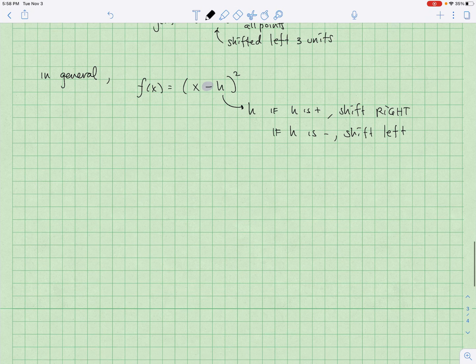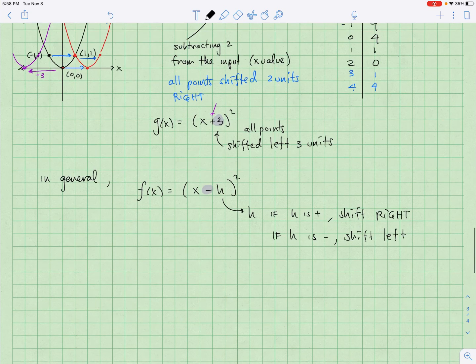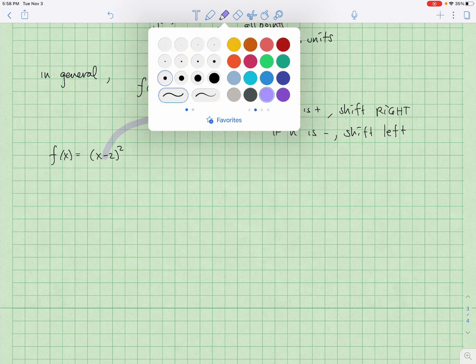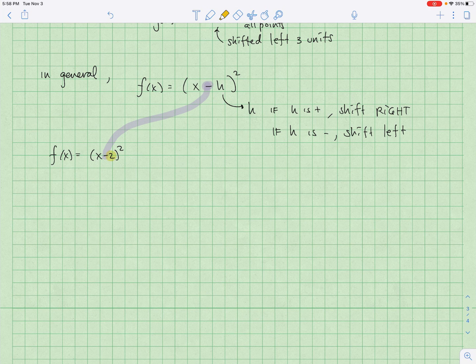So let's be really clear about this. Please pay attention. The first one was f of x equals x minus 2 squared. Because this formula inherently has a negative sign in it already, h is just the value 2 here. So here, h is equal to 2, which is positive, which means shift right 2 units.